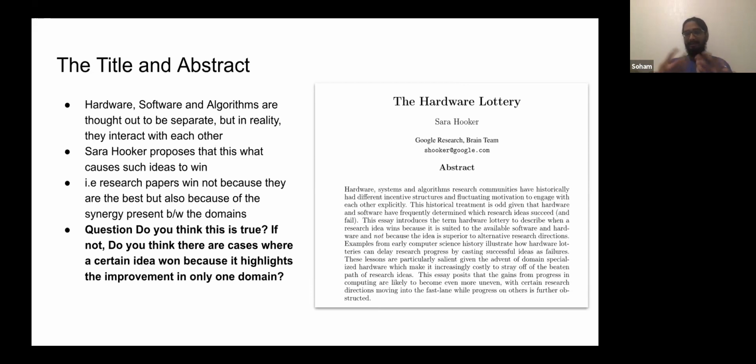And this interaction is what causes some research ideas to become more superior, to essentially win or be more popular compared to other research papers. Research papers win or become popular simply because there is a good connection or synergy between the domains of hardware, software, and algorithms, right?